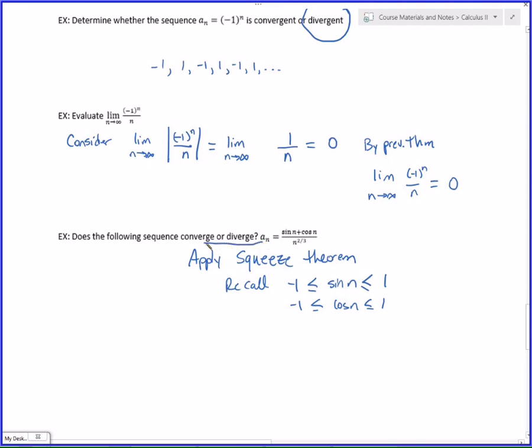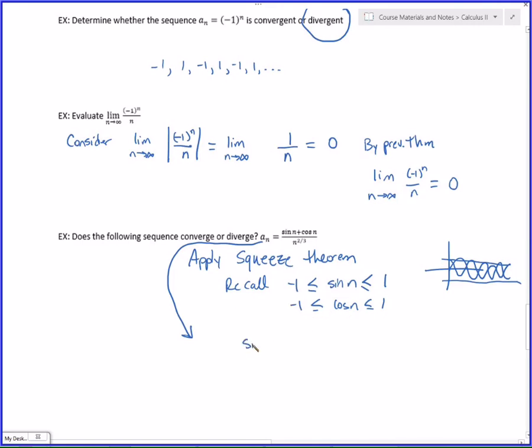Remember sine waves look like this? It never goes higher than this and it never goes lower than this. And then this cosine wave starts here and does the same thing. So sine is never bigger than 1 and cosine is never bigger than 1. Sine is never smaller than negative 1 and neither is cosine.